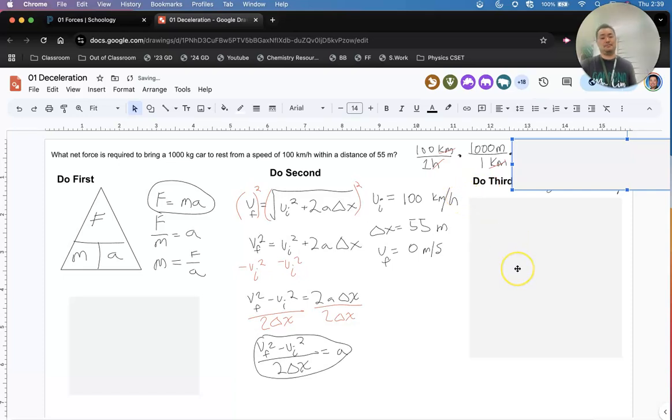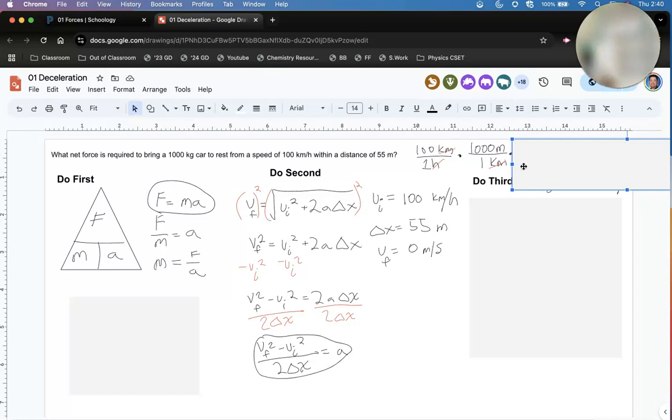Here's the first fraction: 1,000 meters over 1 kilometer. Students from period 1 asked, where did I get the 1,000? Well, in every kilometer, there's 1,000 meters. So that's why this fraction will be useful, because it's the same thing as 1 over 1, but it helps me eliminate the km. That's where the red part comes in.